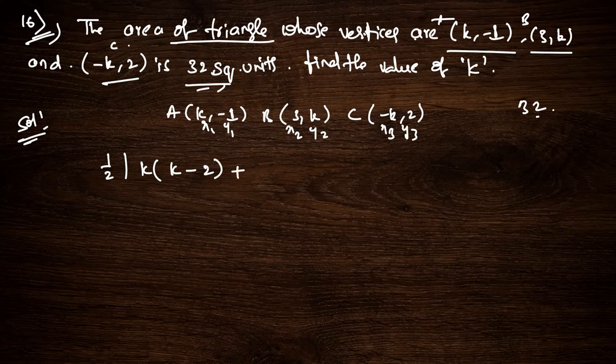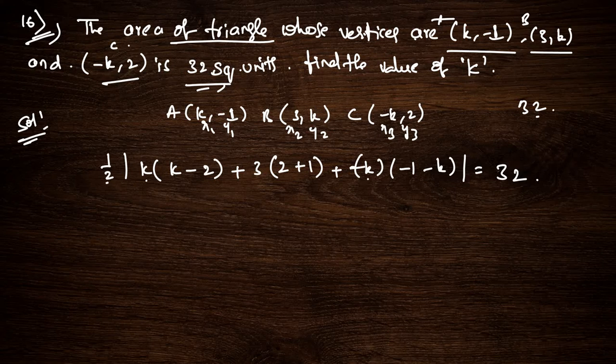So here plus x2, so x2 is equal to 3, into y3 minus y1, which is plus 1, and here plus x3 is equal to minus k into y1 minus y2, which is minus 1 minus k, okay, it's equal to 32. So this 2 goes to the right side here and it will become 64.